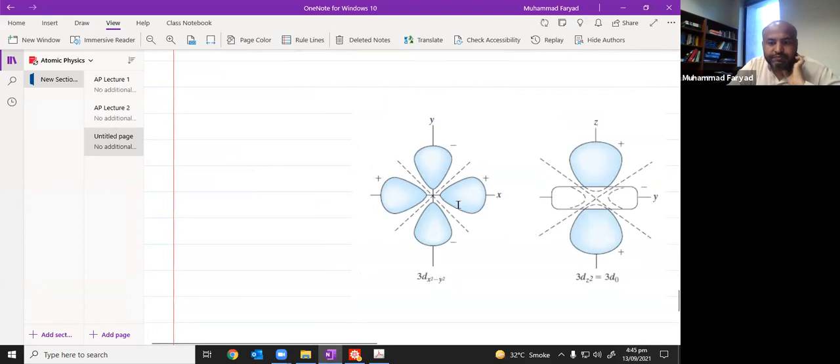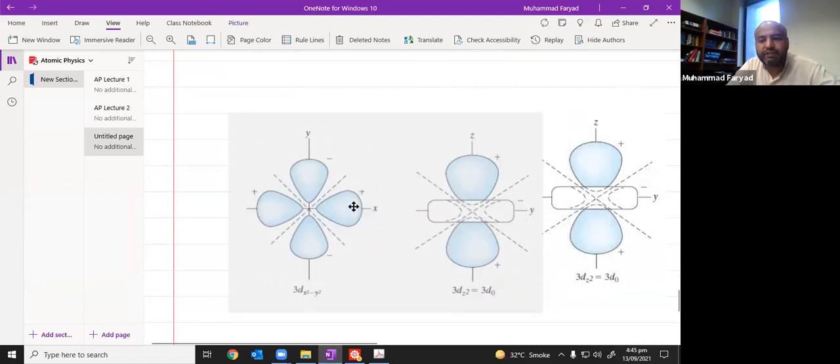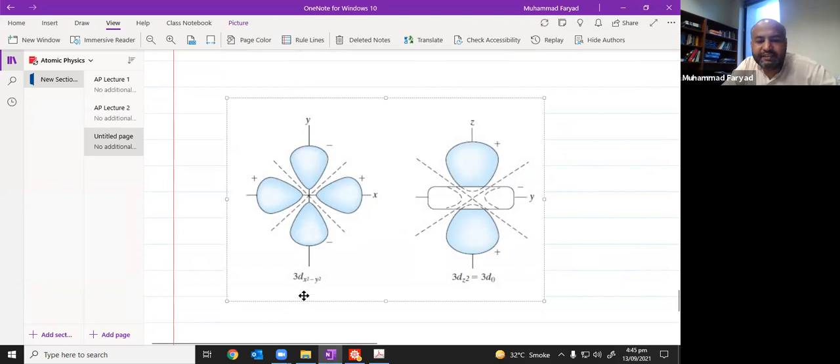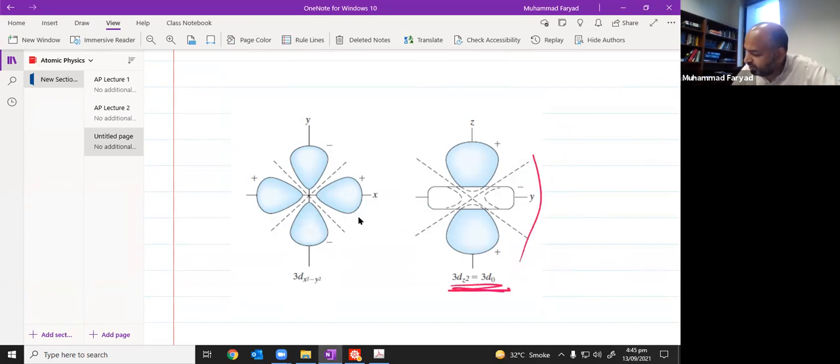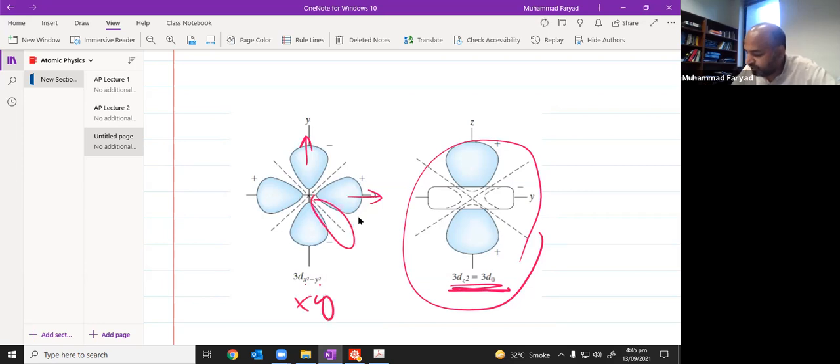You saw that when we were plotting the xz plot, it was similar to this. For 3dz square, we saw that our plot is similar to this, and for x square minus y square, these lobes are exactly along the x and y axes, and when it is xy, these lobes are inside these planes.